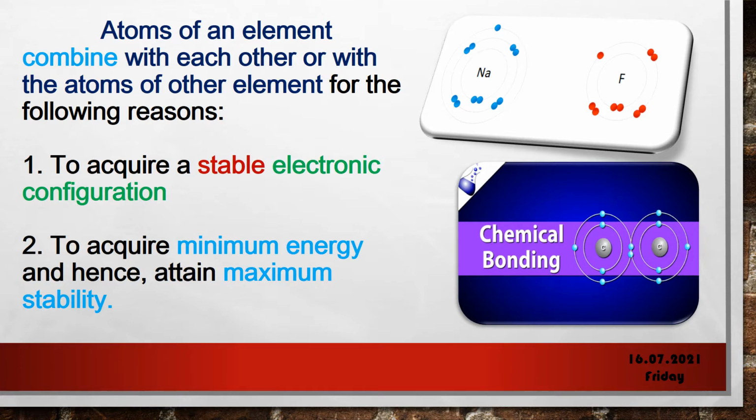That means K shell having 2, L shell having 8, M shell having 8 and N shell having 18 or 8. That is for noble gases: helium, neon, argon, krypton, xenon, radon are always stable gases, because they have an octet of 8 electrons.